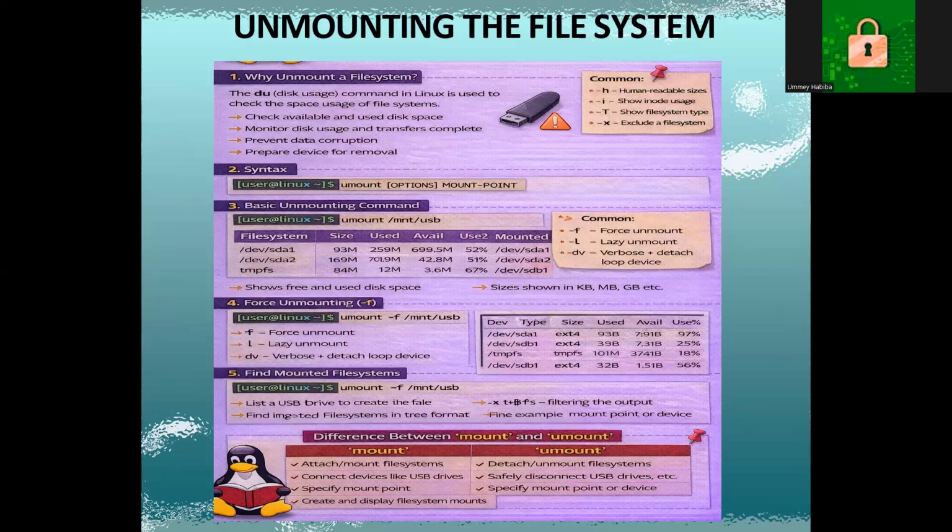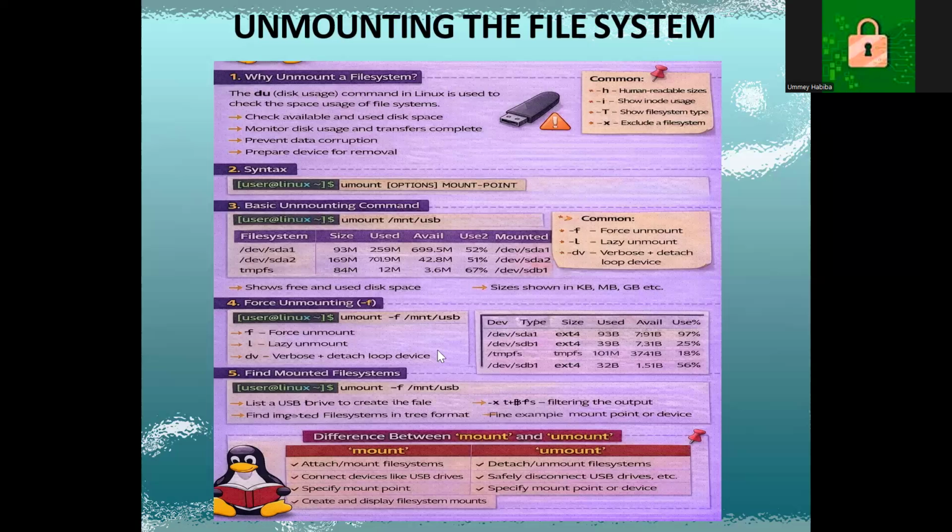Sometimes a file system can't be unmounted if it is currently being used by a process or if files are open within that directory. In such cases, the system will display an error message indicating that the device is busy.